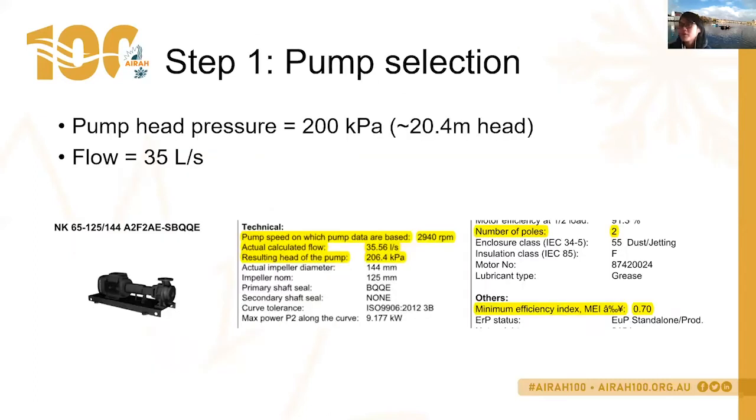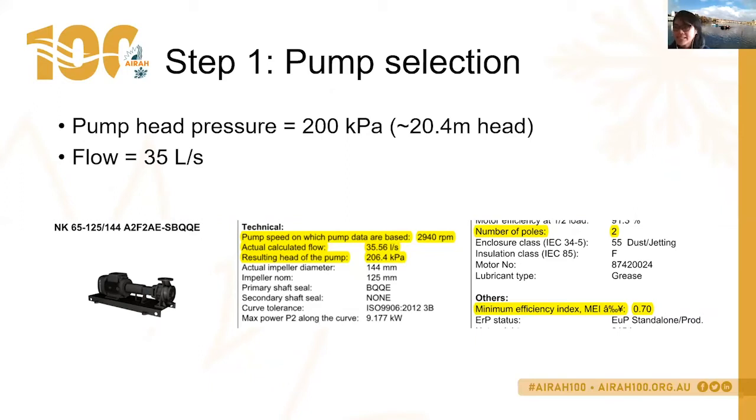Now, once you've done all of those, we're going to move into pump selection. From the calculations that were conducted, we have assessed that the pump head pressure requirement is 200 kPa, and the flow that we need is 35 liters per second. What we then did was jump onto, in this case, the Grundfos website, and pick the pump that matches what we want.